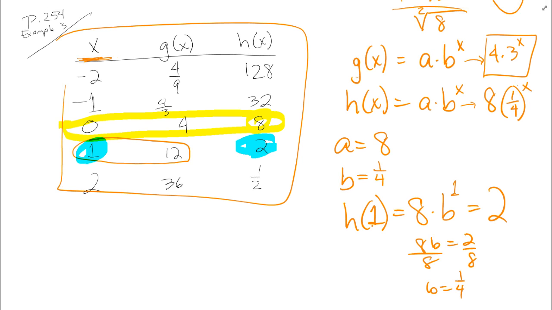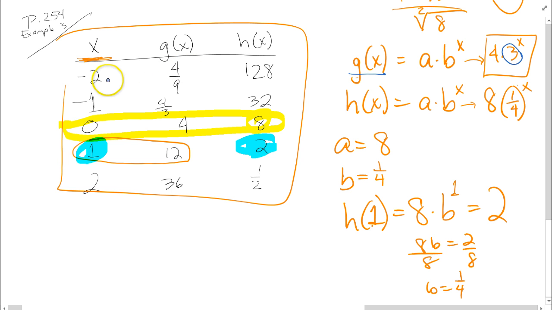Now, it's time to make a connection here. When we had g of x, the base was 3. And look at this. As our x's got more positive or bigger, so did the y values when the base was 3. Contrast that with h of x.